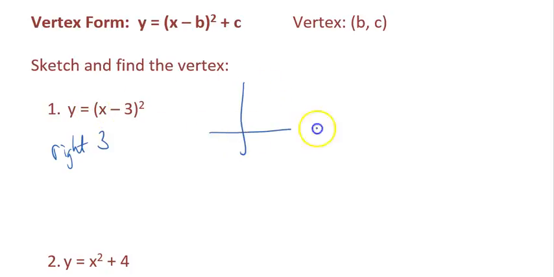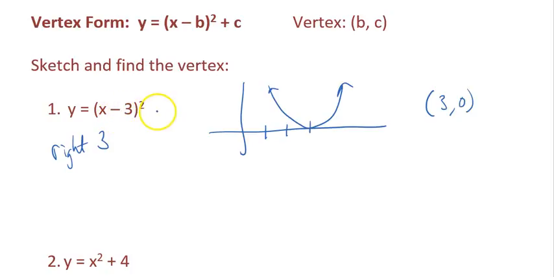So if I just draw a parabola that's moved right 3, I can tell that the vertex would be at (3, 0), but I could also look over here at the formula and realize that you've been moved right 3, so it would be a positive 3 for the x value, and then there was no plus or minus outside, so that would be 0. I can look at the equation or the graph and tell that vertex.